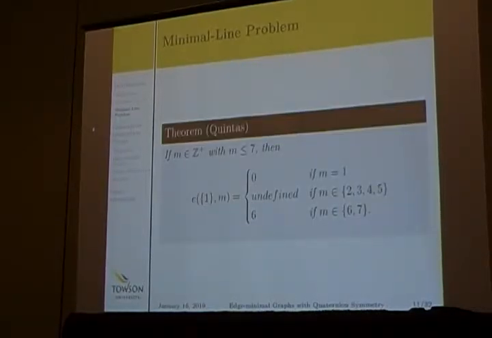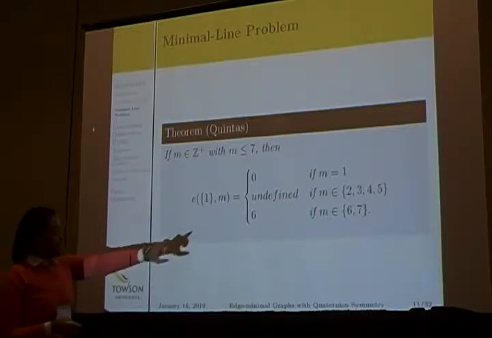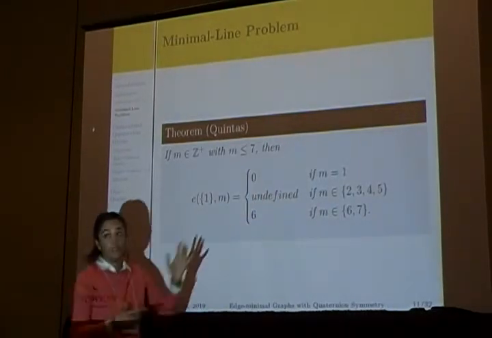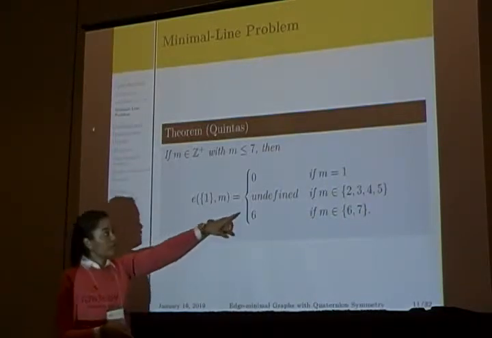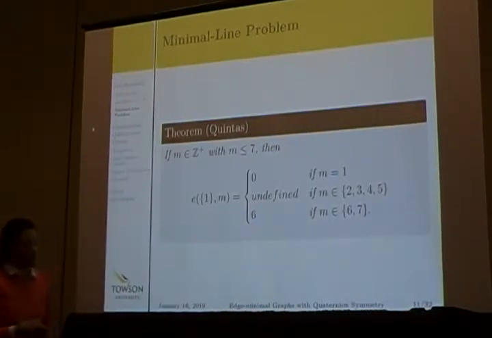Erdős and Rényi were able to solve the minimal line problem for the trivial group. The first few cases are special cases. If we have a positive integer m less than 7, then if you have one vertex, you don't need any edges to have a graph that's asymmetric. If you have 2, 3, 4, or 5 vertices, then you cannot construct an asymmetric graph.